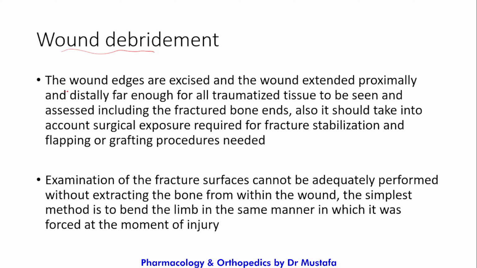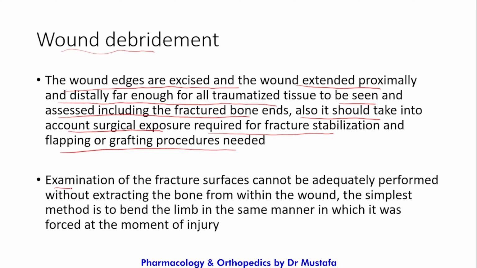The wound edges are excised and the wound extended proximally and distally far enough for all the traumatized tissue to be seen and assessed, including the fractured bone ends. Also, it should take into account surgical exposure required for fracture stabilization and flapping or grafting procedures needed.